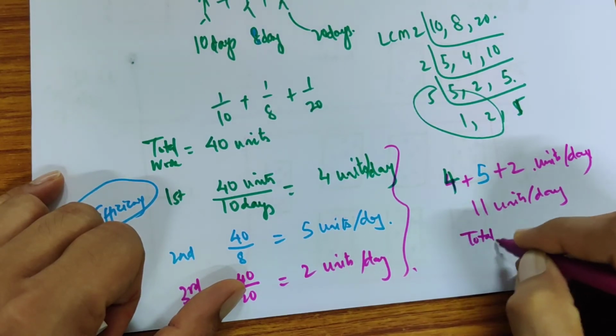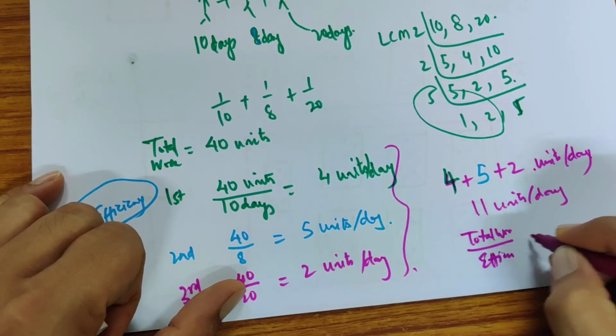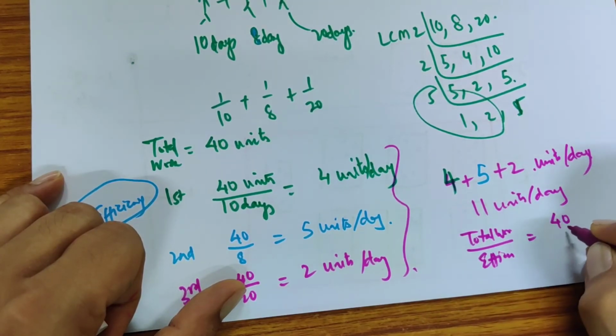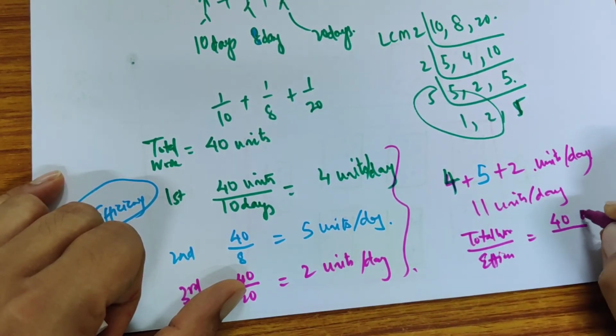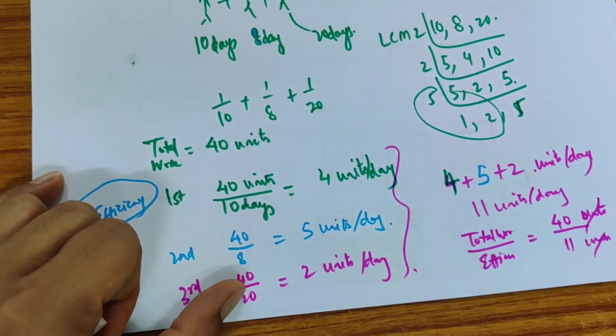So total work is 40 units, divided by 11 units per day. The units of day cancel out, and the number of days is 40 by 11. That's it.